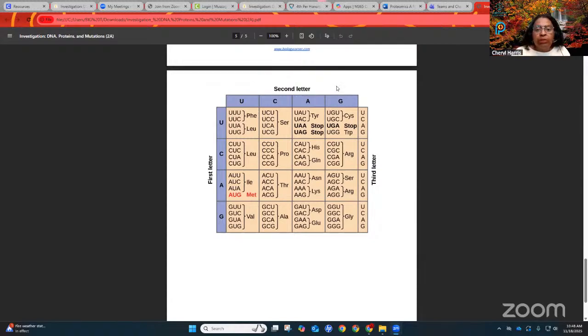And then I go up to the top and find G again, because that's my second letter. And then I come down to the bottom because I know it's got to be in this bottom row. And I look for the U, and that's the first one. So I see GGU, but in this case there are four different ways to write glycine, but glycine is the amino acid we're looking for. So in the box where it says amino acid, you're going to write GLY.